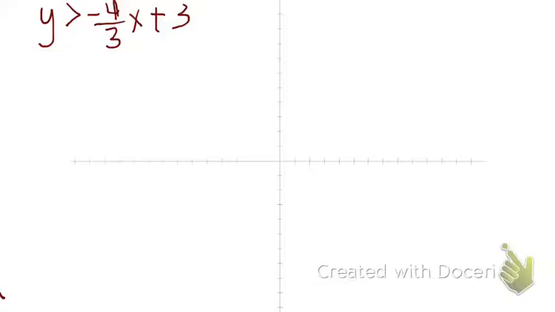Okay, so we take that plus 3, that's my intercept on the y, so we're going to plot a point on the 3. My slope is negative 4 over 3, so that means down 4, and then over positive 3. So right about here, roughly right there. Now we have to connect our dots, but that's where we look at the symbol right there.